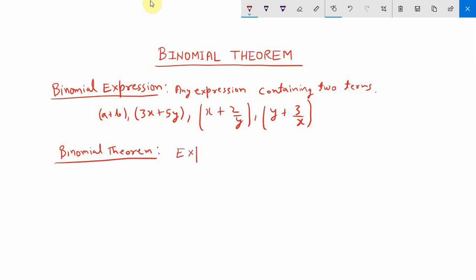So expansion of a binomial expression of x plus a to the power n, n is an element of natural number, is called binomial theorem.